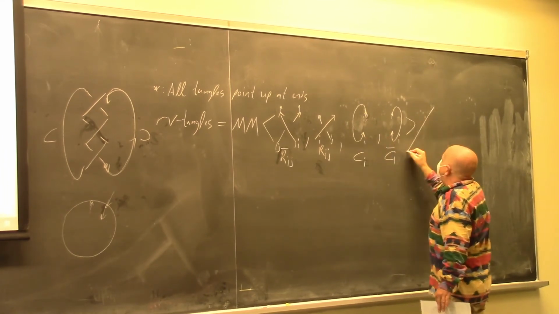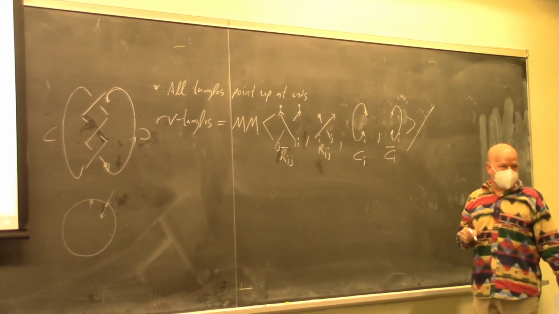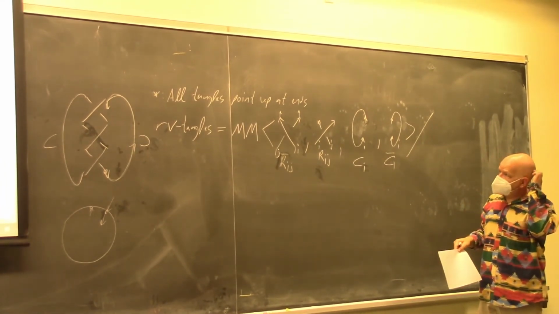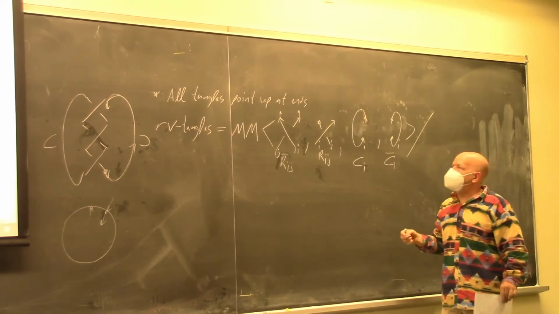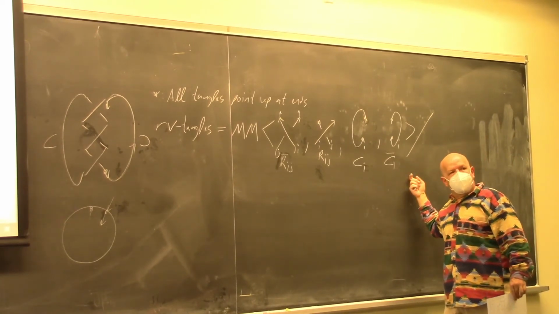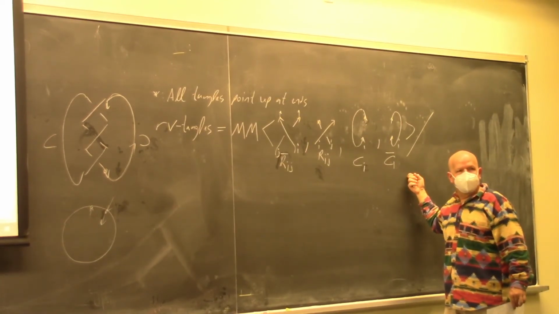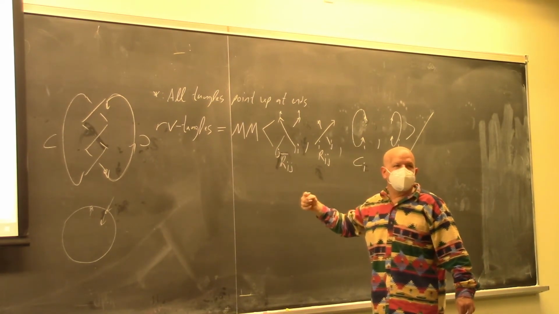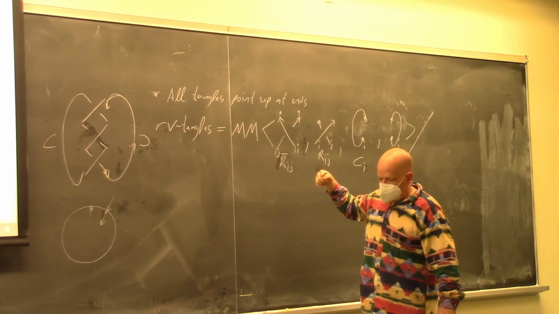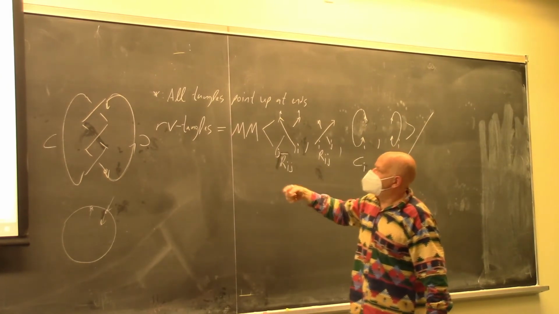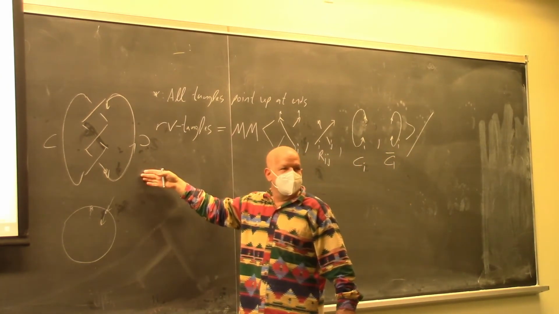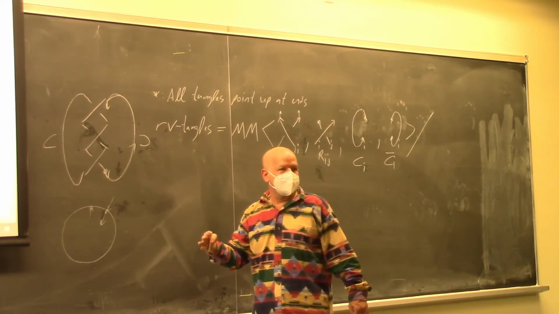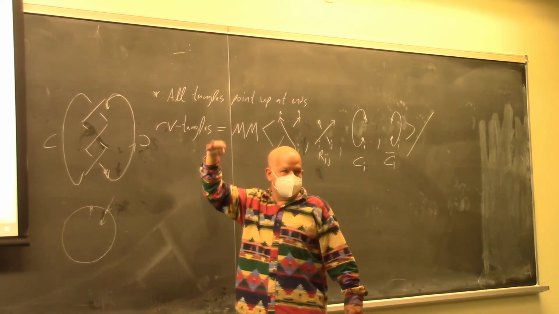Okay? But then I have to tell you what are the relations. So the relations are whichever relations that, if you impose them on planar things, would produce ordinary tangle theory with all the ends pointing up.